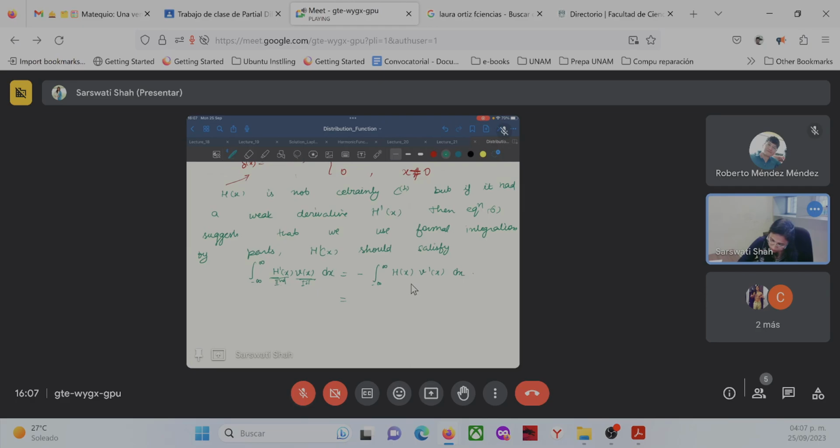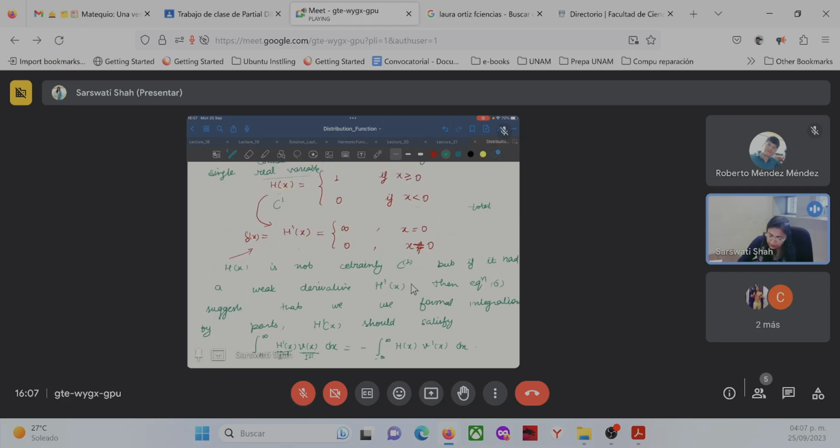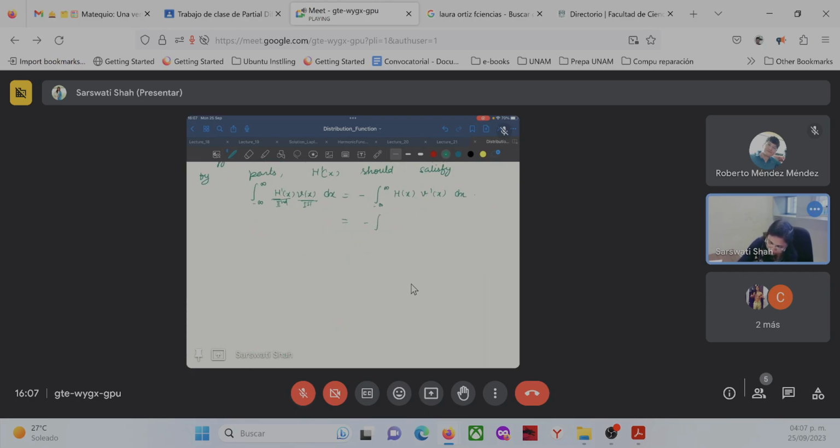Now the Heaviside function is 0 when x is less than 0. However, it is 1 when x is greater than or equal to 0. So from 0 to infinity h x is 1, v dash x dx, and from minus infinity to 0 it is 0. So the second term will be 0 and the integration of the derivative function is the function itself from 0 to infinity, with minus.